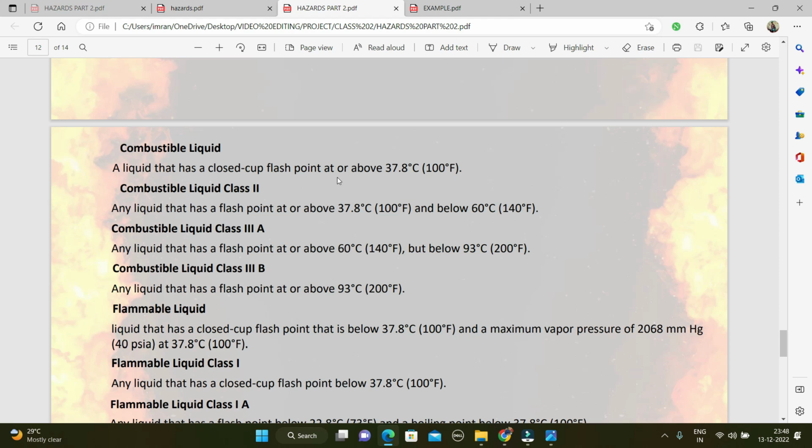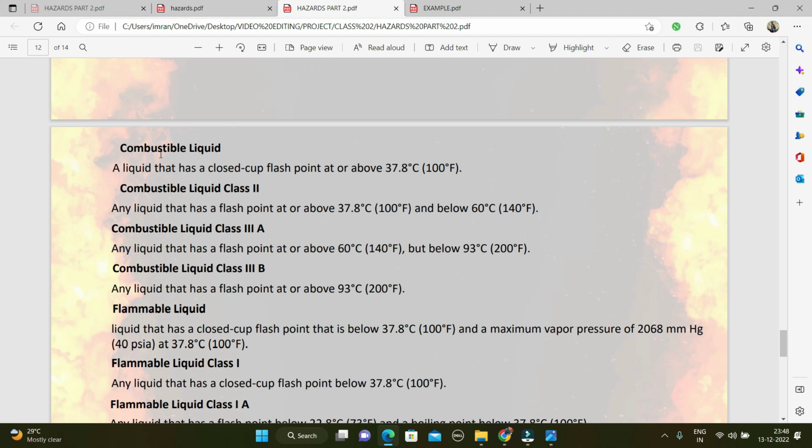If any material has a flash point of like 100, then compared to that, petrol's flash point is low, so it will ignite faster. On this basis we can distinguish between combustible liquid and flammable liquid.